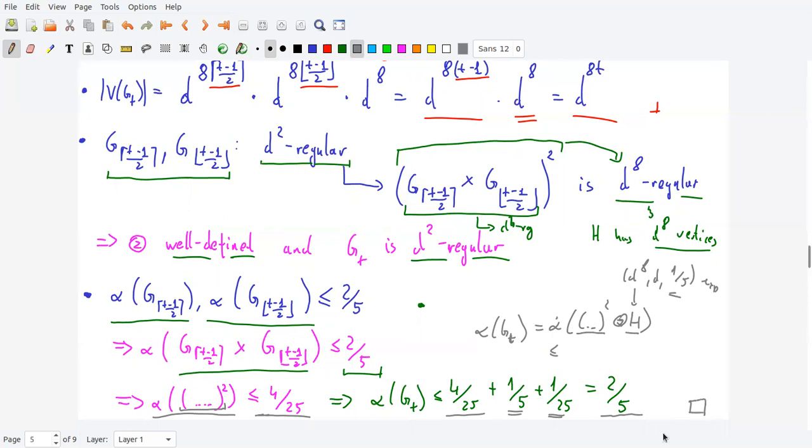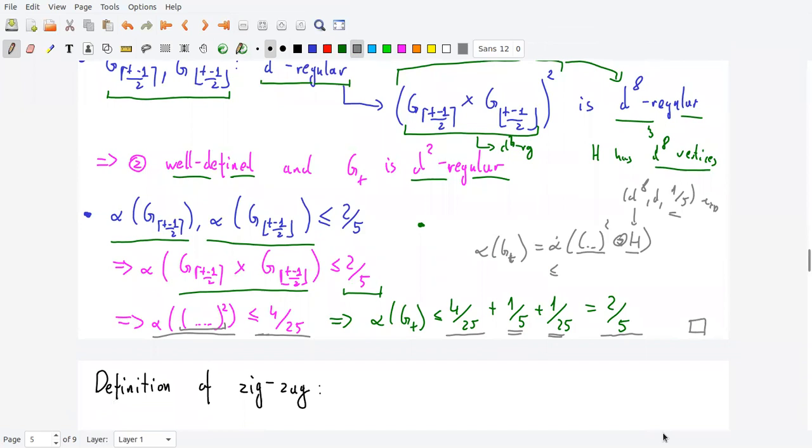Good. So we proved by induction all these properties, assuming that we have this magic zigzag product construction that we have not defined so far. Are there any questions to this proof? If this is clear so far, please put a +1.